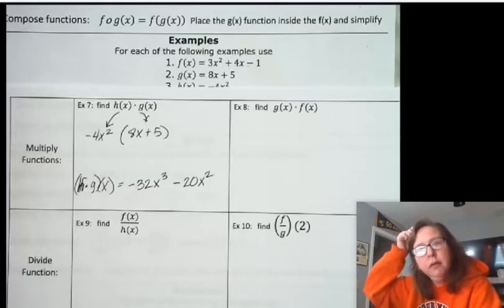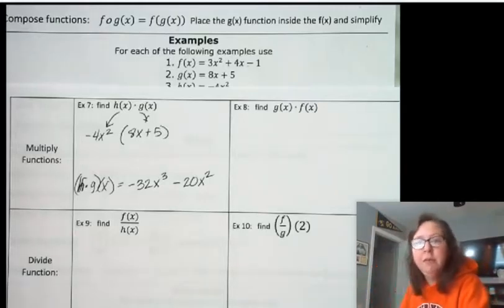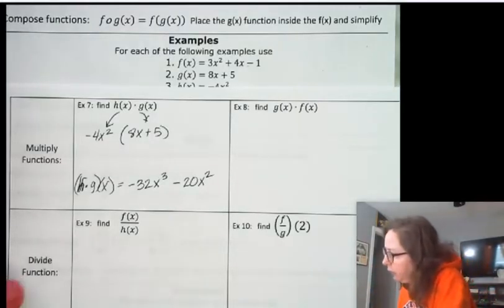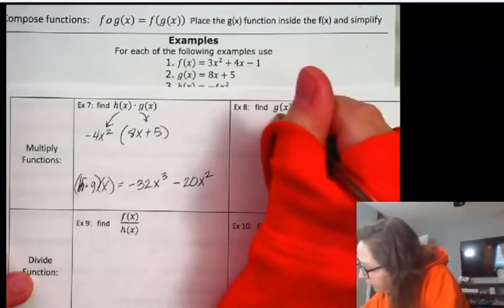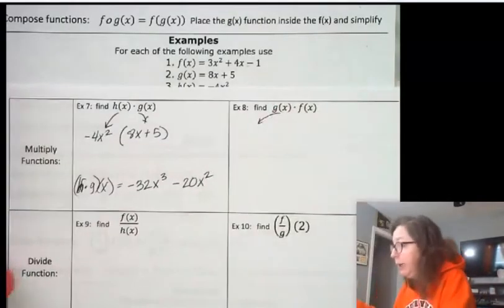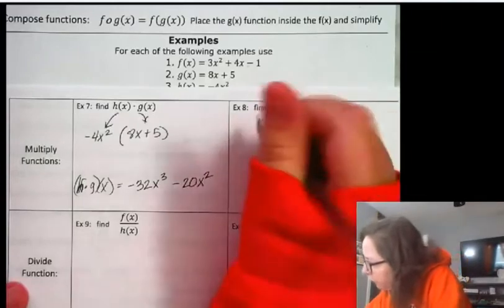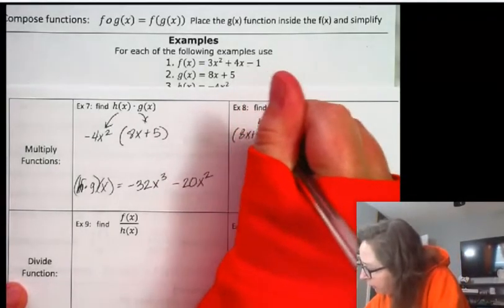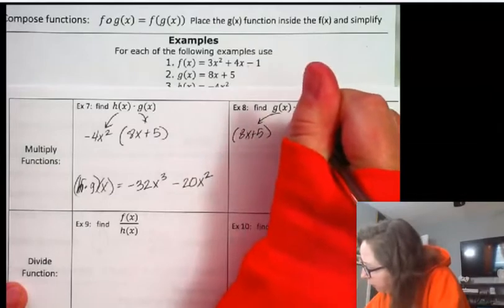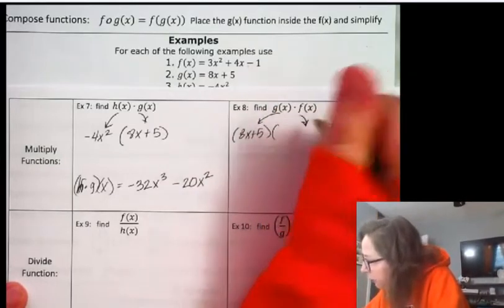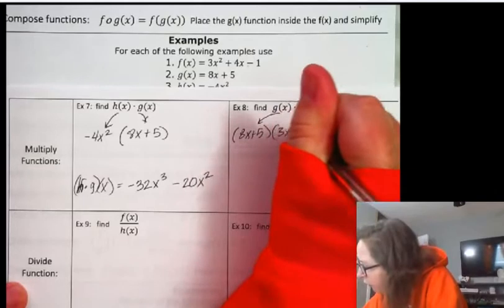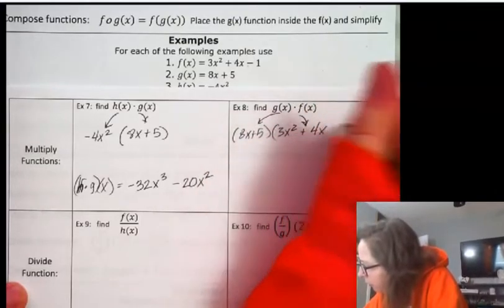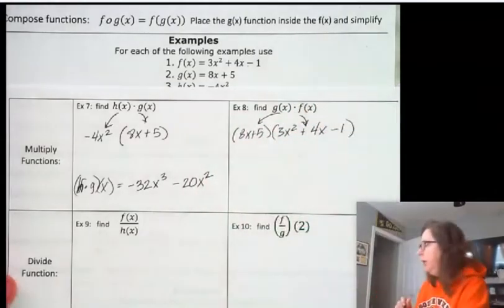Okay. Let's do g of x and f of x now. G of x is a binomial, so I'm going to put it in a parenthesis as well. 8x plus 5 times 3x squared plus 4x minus 1.